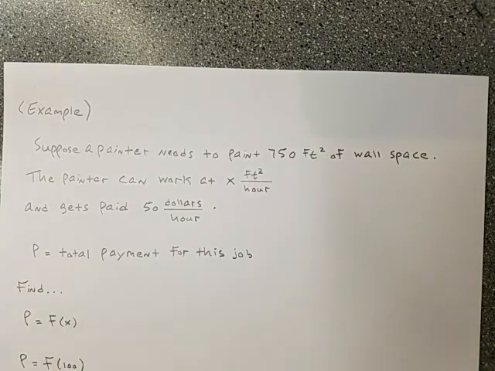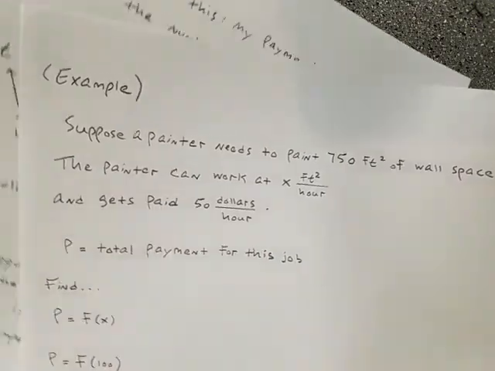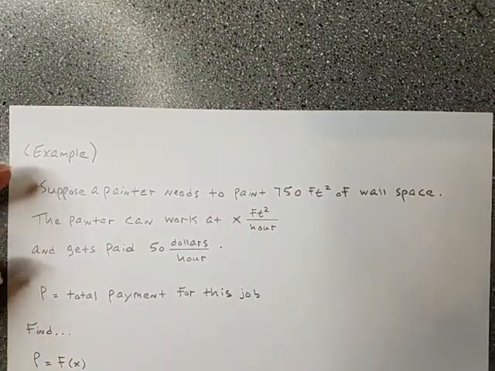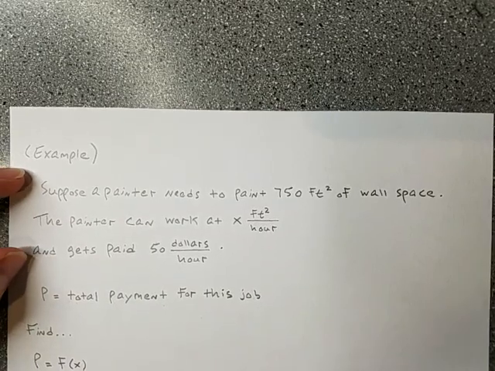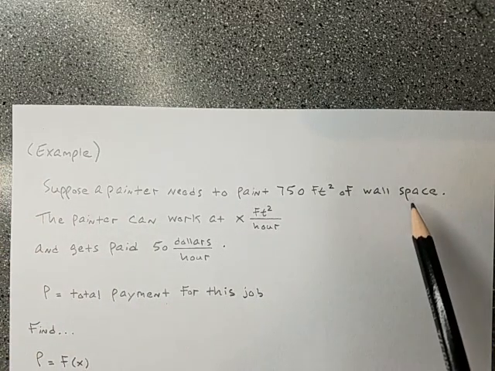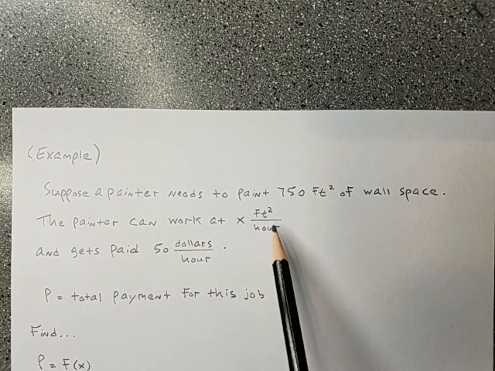All right. So let's do an example to continue what we started in that first video. Here we go. So here's my situation for you. Suppose that a painter needs to paint 750 square feet of wall space, okay? And the painter can work at X square feet per hour.